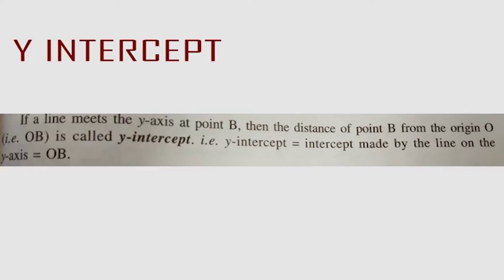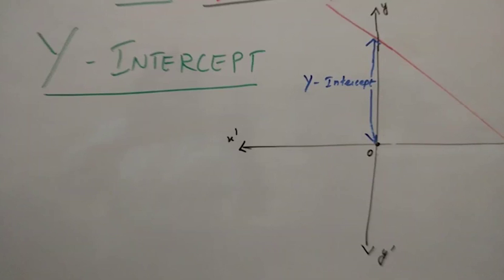Y-intercept. If a line meets the y-axis at a point, then the distance of that point from the origin is called y-intercept.